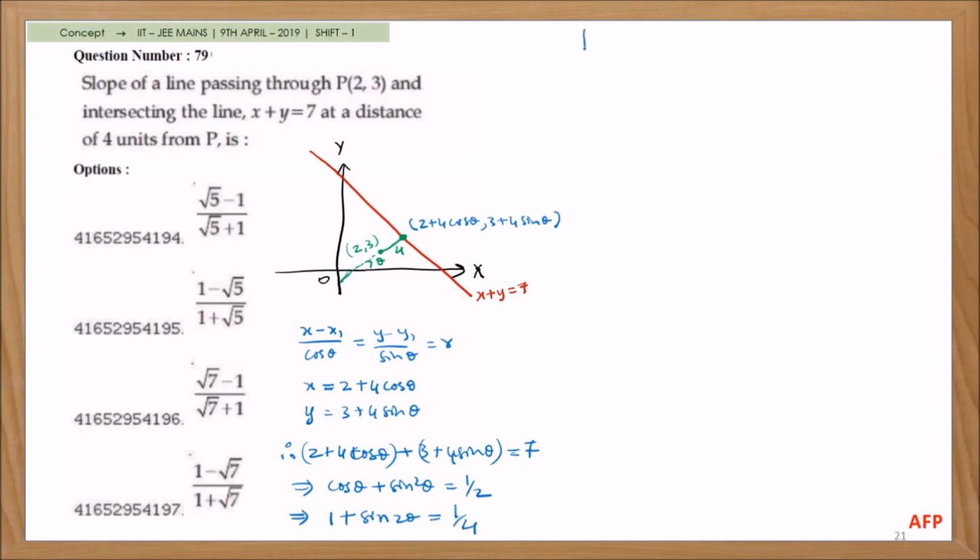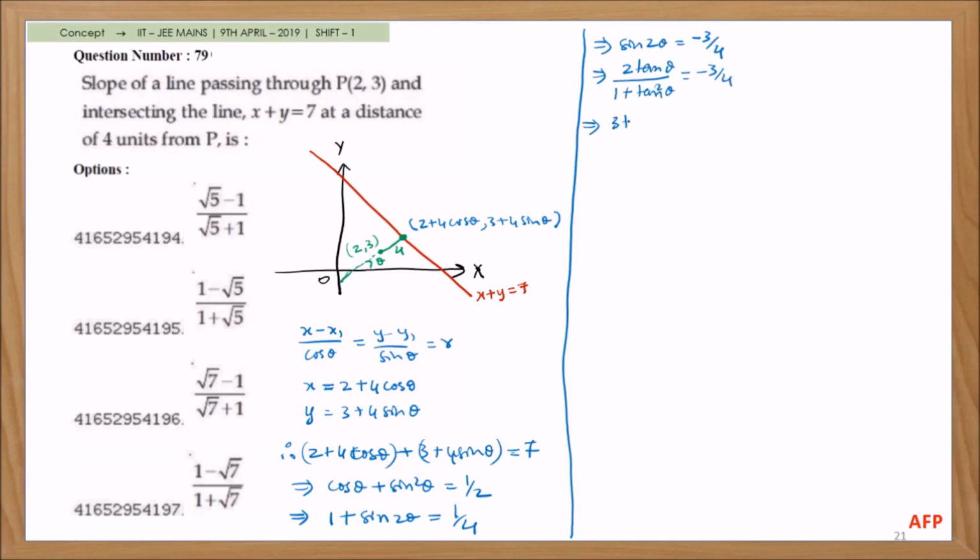Further simplification we shall go. This implies sin 2 theta is equal to minus 3 by 4. Sin 2 theta can be written in terms of tan theta: 2 tan theta divided by 1 plus tan square theta equals minus 3 by 4. If you cross multiply, 3 times tan square theta plus 8 times tan theta plus 3 is equal to 0 you got.